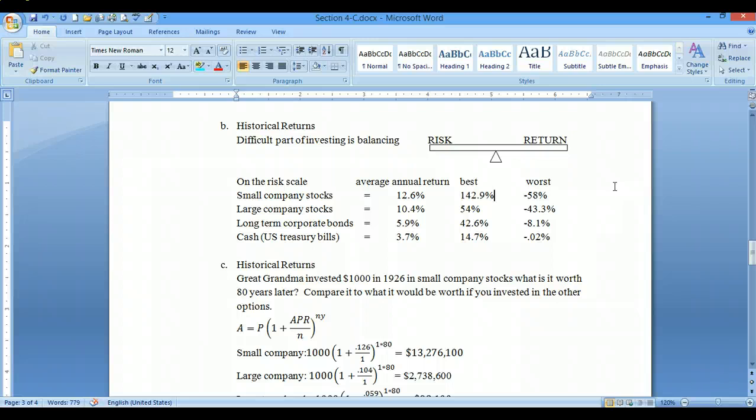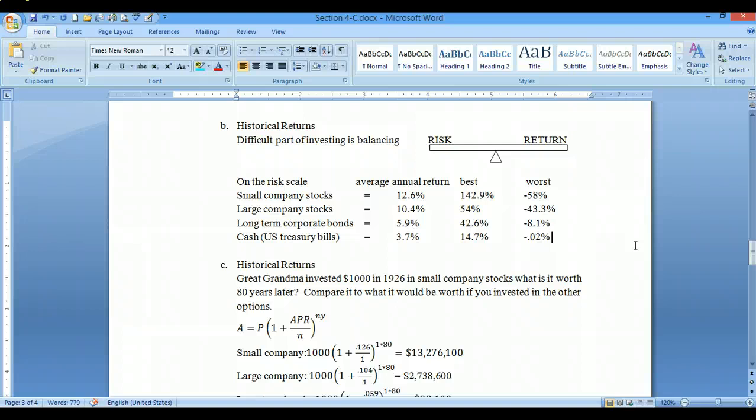A large company, 54%, long-term corporate bonds, 42.6%, and U.S. Treasury bills, 14.7%. However, small company stock also has the worst loss percent as well, and it gets progressively smaller because it gets more and more reliable instead of risky.